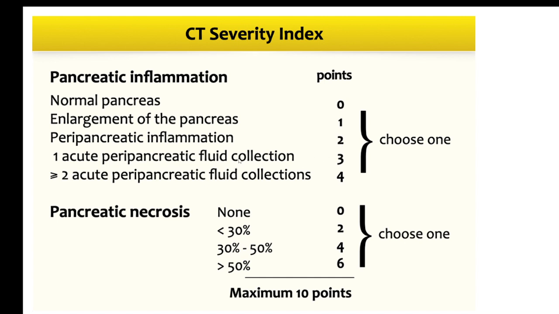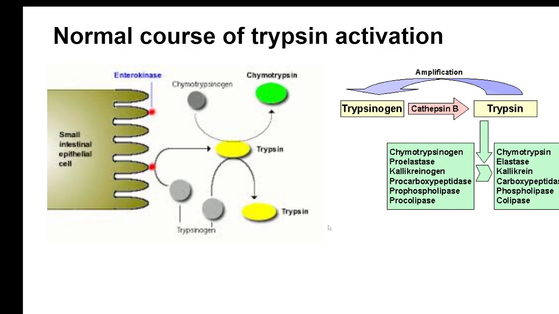If there is one acute peripancreatic fluid collection in one area, then 3, and if more than one, then 4. Similarly, if there is necrosis, the scores are added, 2, 4, 6, and then you make the total assessment, and based on that you decide whether the patient is mild or severe.